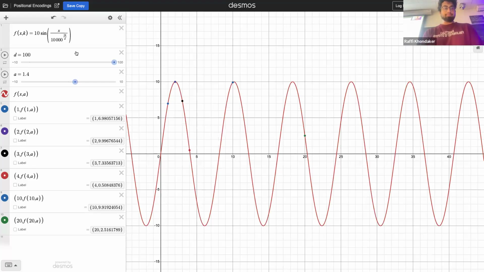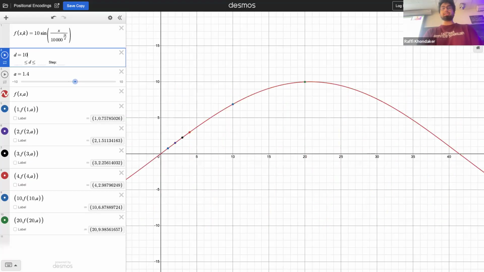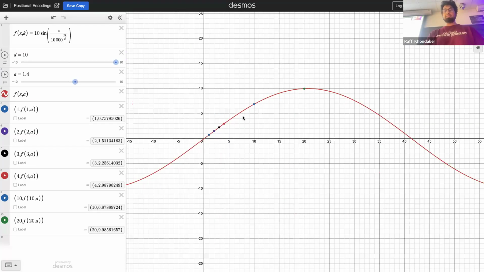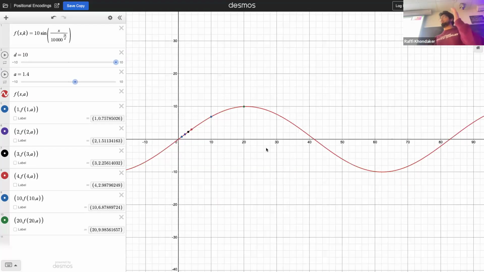In other words, the whole point of these positional encodings is to figure out how we distinguish between nearby and faraway points. So at a dimension of 10, from indexes 0 through 9, nearby points all have very similar values, whereas faraway points have very different values.